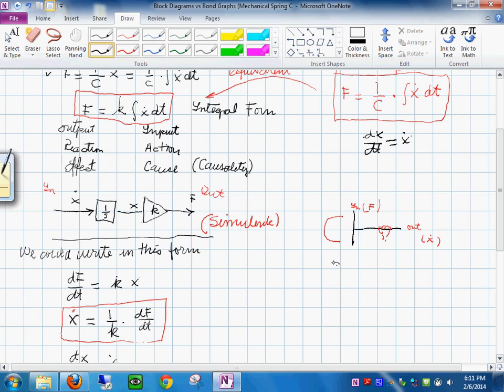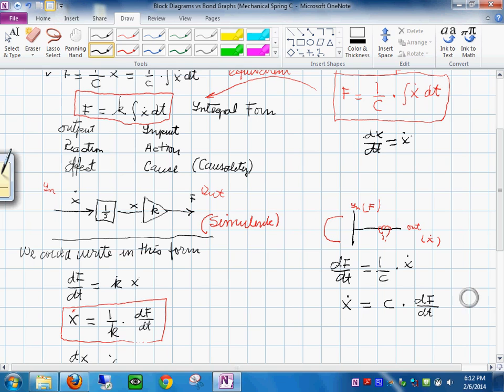You have df/dt is equal to 1 over c times x dot. Or you can write it this way: x dot is equal to c times df/dt, right?